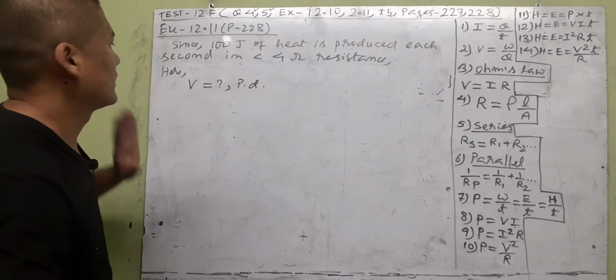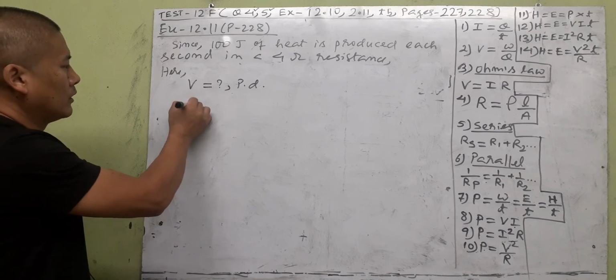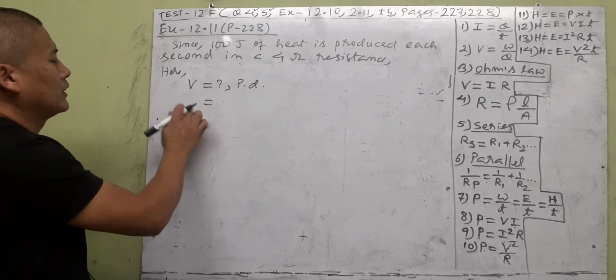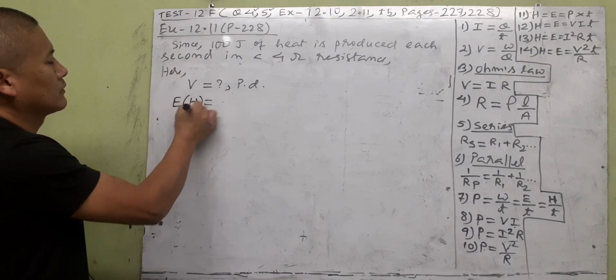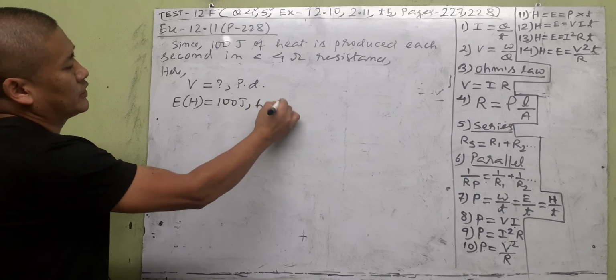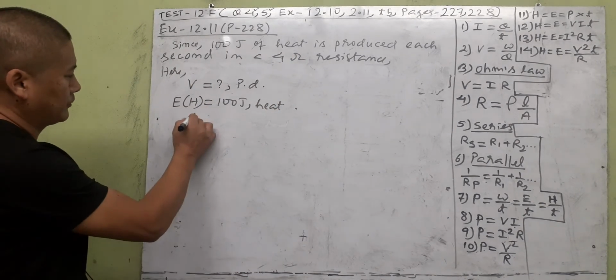Then here joule is energy, so E, or heat, whatever they're putting. So energy or heat is 100 joules. This is the heat generated by the process of heating for each second, meaning time.